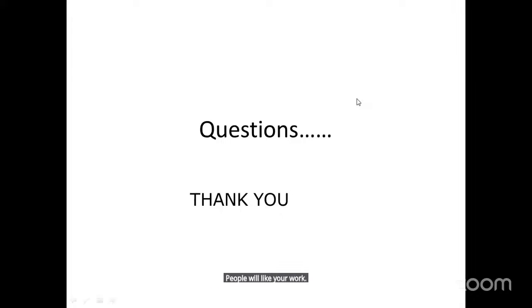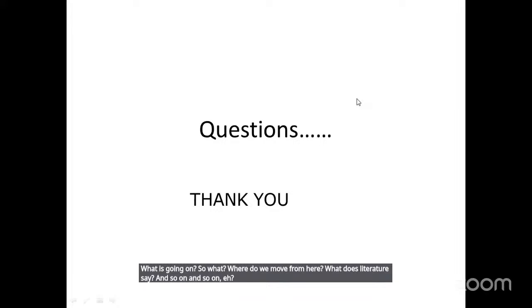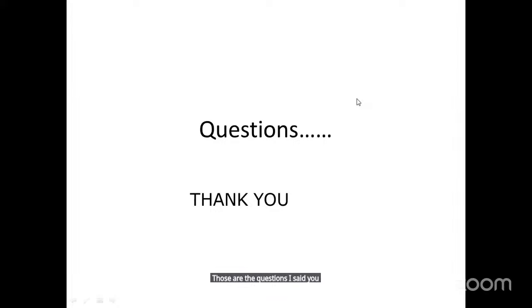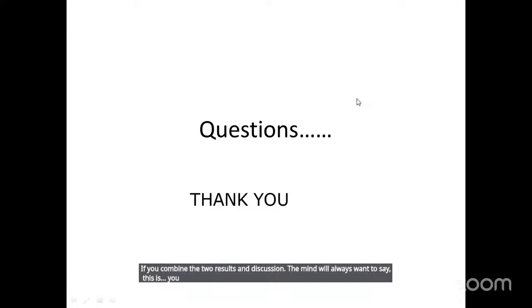The thinking normally is to avoid explaining what is going on: so what, where do we move from here, what does literature say, and so on. Those are the questions I said you put aside, so that for every parameter, you go through them. But if you combine the two, results and discussion, the mind will always want to say, this should be placed here, this should be done like this, and just leave it there.